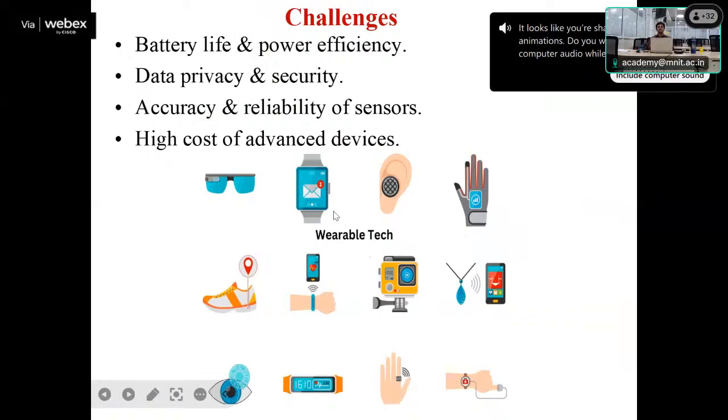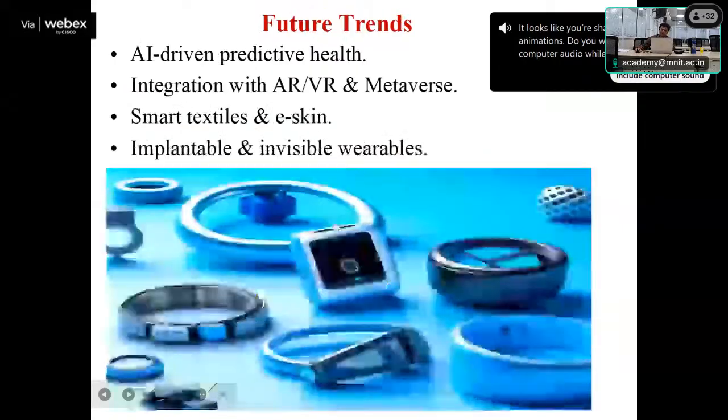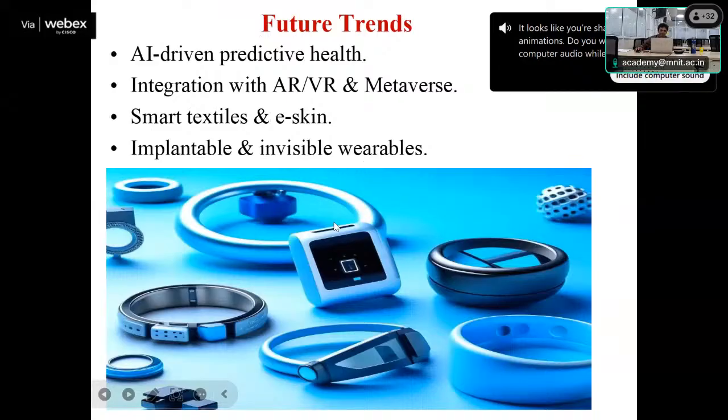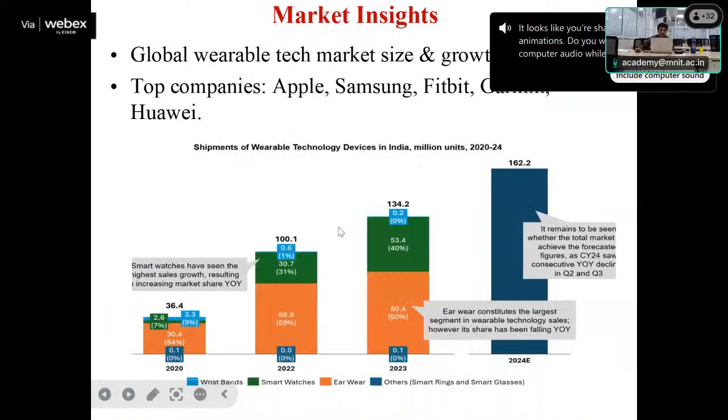Currently, the technology is not mature enough to take critical decisions, but definitely for primary healthcare you can use such smart wearable devices. The future trend will be AI-driven predictive health. You could have AR/VR headsets, or implantable and invisible wearable devices.